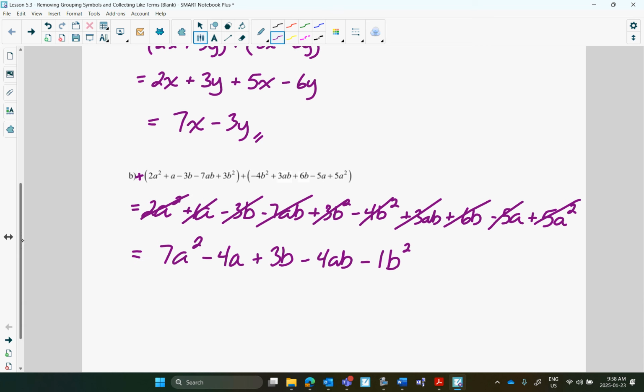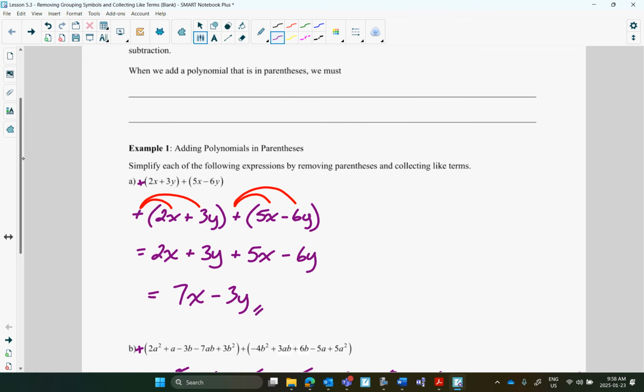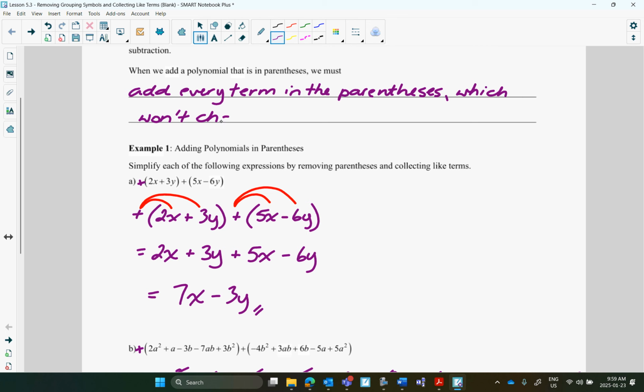So if we want to come up with some kind of rule: when we add a polynomial that is in parentheses, we must add every term in the parentheses, which won't change any signs when we take the parentheses out.